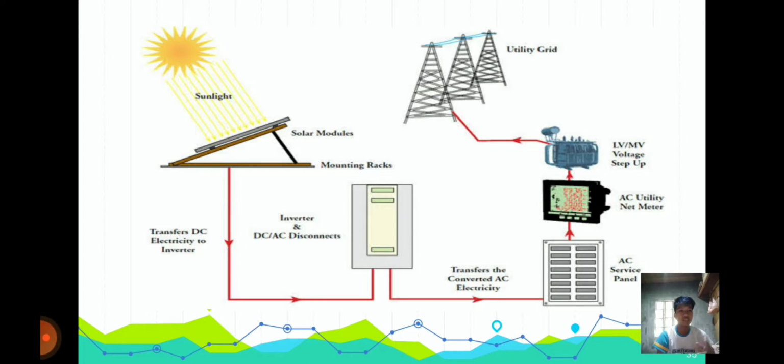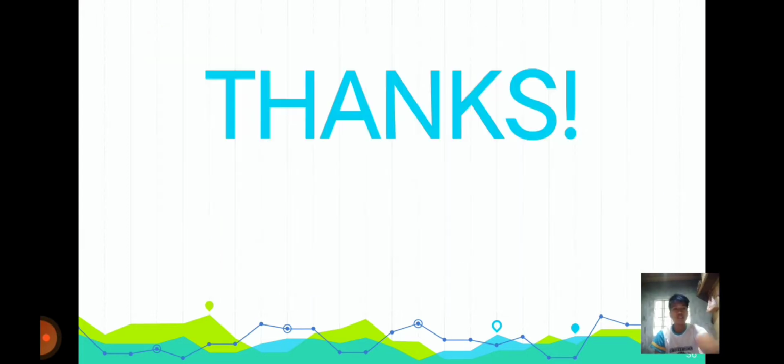So pasok sa AC service panel, then the AC utility net meter, then pupunta siya sa medium voltage setup, then utility grid. So i-contribute na siya sa mga nangangailangan ng kuryente. So that's all. Thank you.